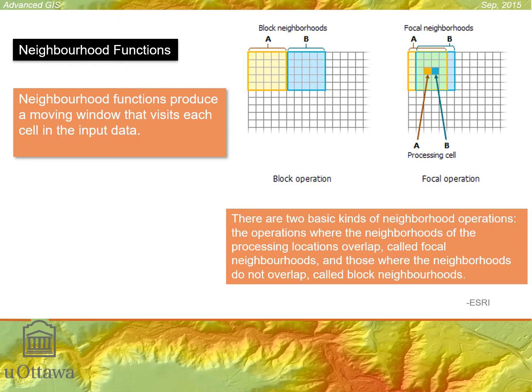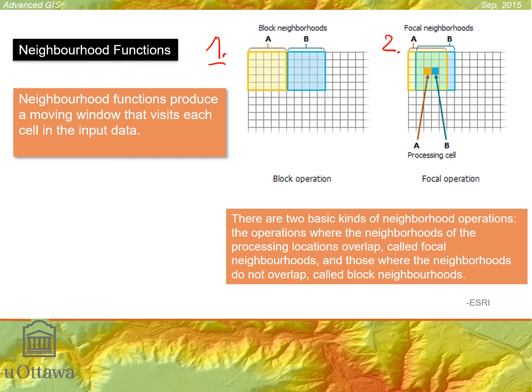Well, we have two types of neighborhood functions. We'll look at case over here, case 1, and then case 2. Case 1 is called a block function. Both of these, case 1 and 2, use the same definition of a neighborhood.